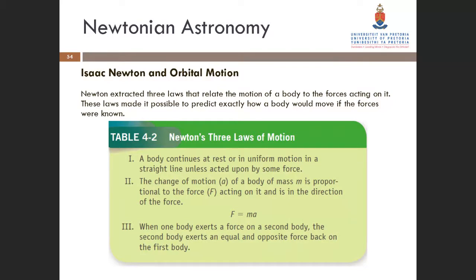Newton's second law: the change of motion of a body of mass is proportional to the force acting on it and is in the direction of the force. Then the third law: when one body exerts a force on a second body, the second body exerts an equal and opposite force back on the first body.